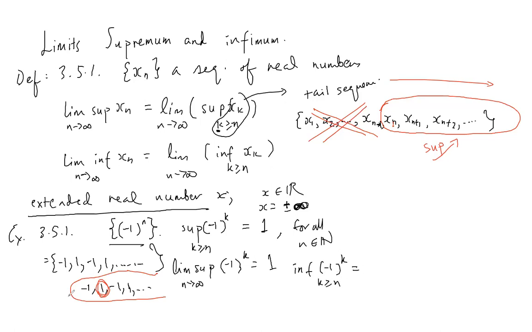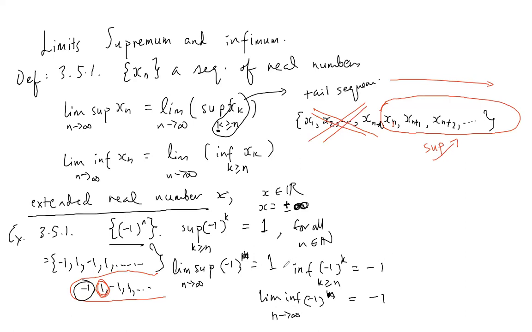So definitely this will be -1, very clear. Therefore, your lim inf of the tail sequence, sorry, this is n, will be equal to -1.